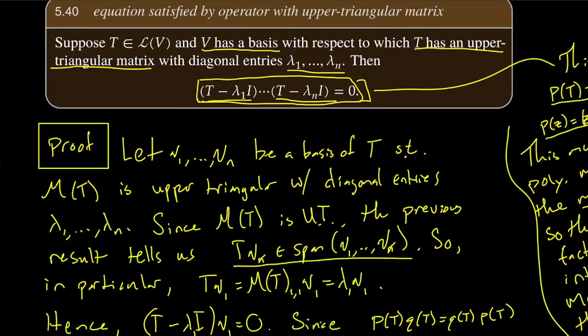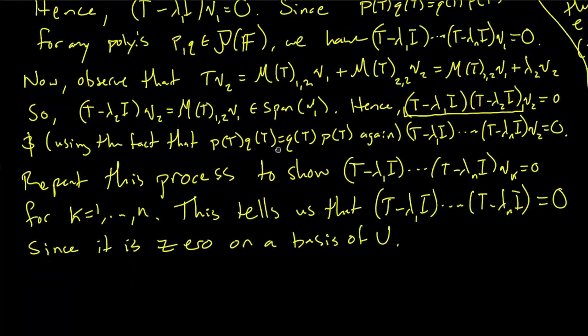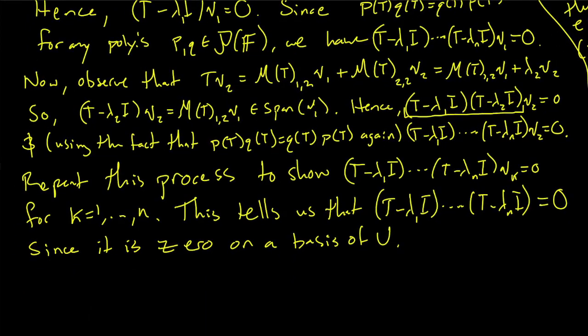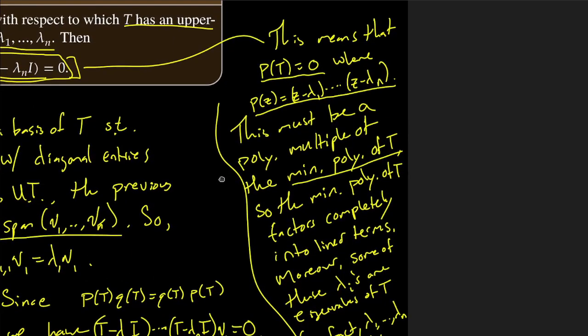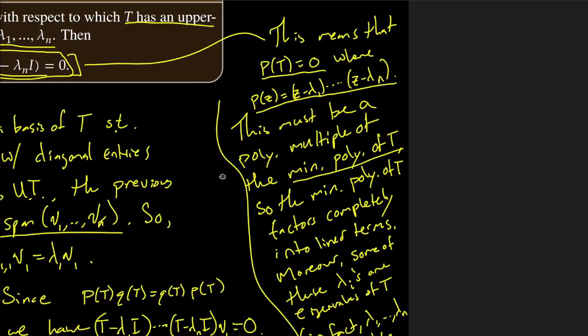Very cool. So, if you take T to be an operator on a finite dimensional vector space, and it has an upper triangular matrix, then the product of T minus the diagonal entries times I is equal to the 0 operator.